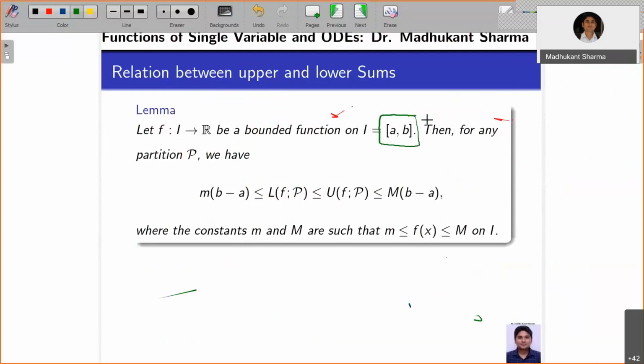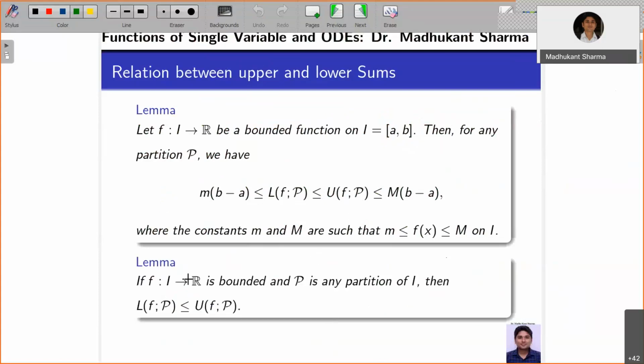We are not talking about a bounded function on an infinite length interval, like a constant function on the entire real line. We are only talking about a function which is bounded on a closed interval a to b, closed and of finite length. This inequality is already established, that m times (b minus a) is less than or equal to L of f, P, which is less than or equal to U of f, P, which is less than or equal to capital M.